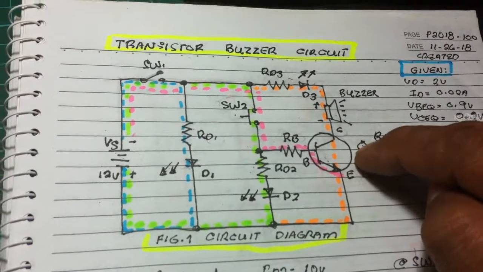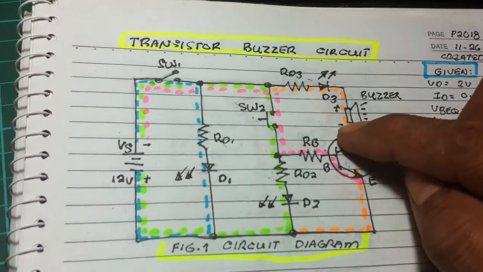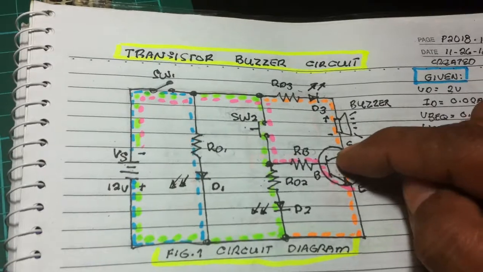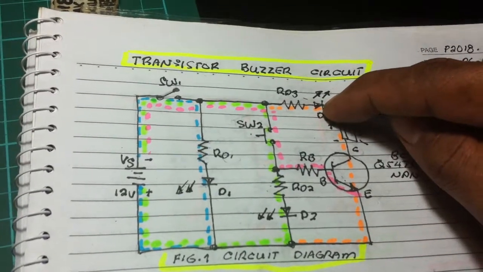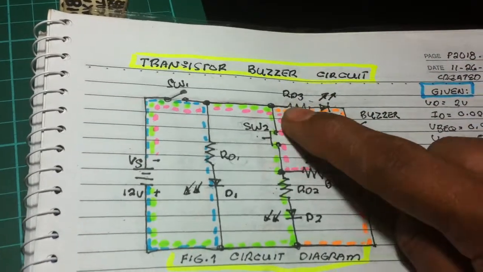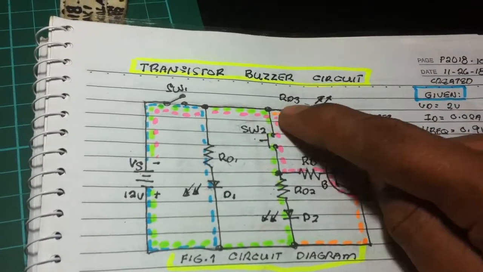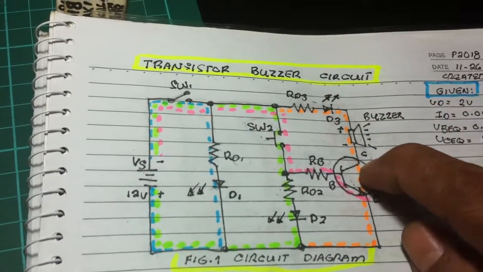Q, that is the symbol of the transistor, and the negative side of the buzzer is connected to the collector side, the positive to the cathode side of the LED, anode side, the resistor. So they are connected in series to the collector side.